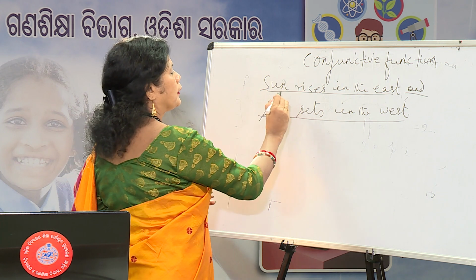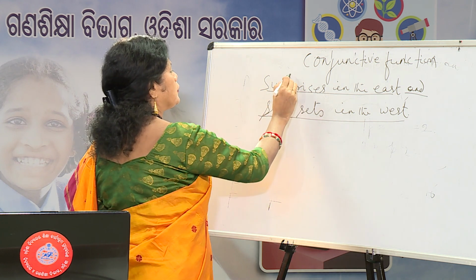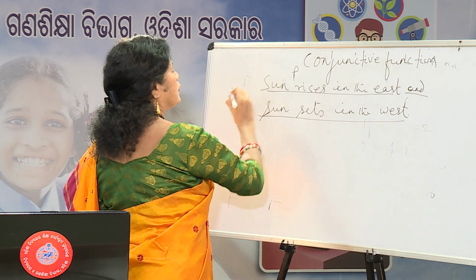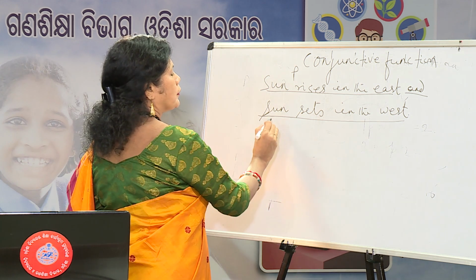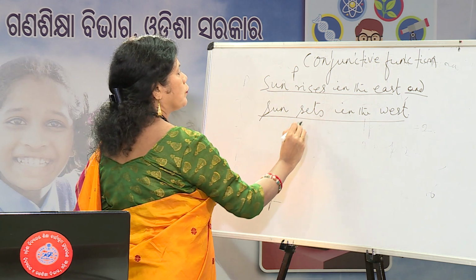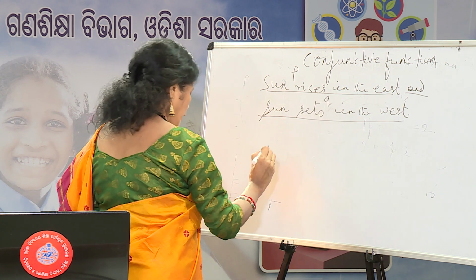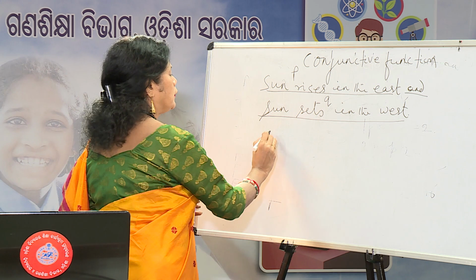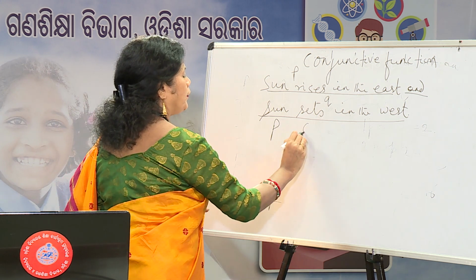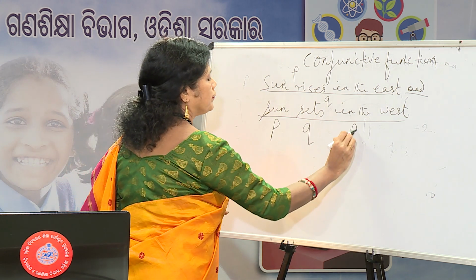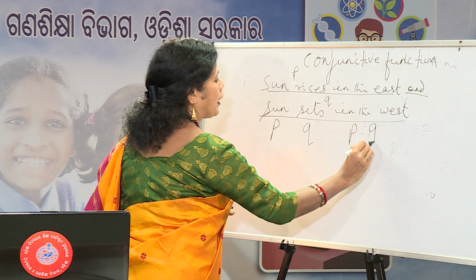Now for sun rises in the east we can use the variable p. For sun sets in the west we can use the variable q. Now we will construct the truth table for p, q and p and q.